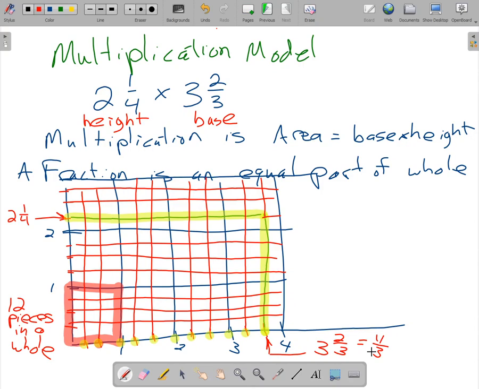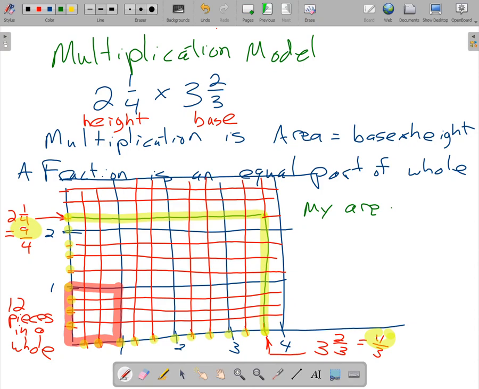And going the other way, I've got 1, 2, 3, 4, 5, 6, 7, 8, 9 quarters. So I could call 2 1/4 9 quarters. The nice thing about that is this region highlighted in yellow is 11 by 9, isn't it? So I'm just going to make a note about that.